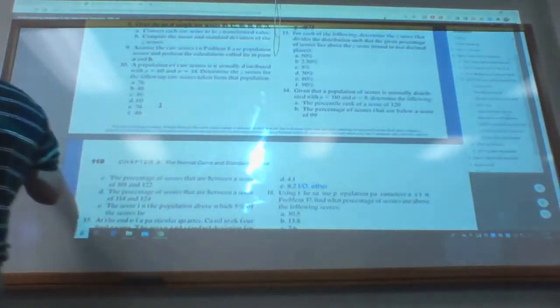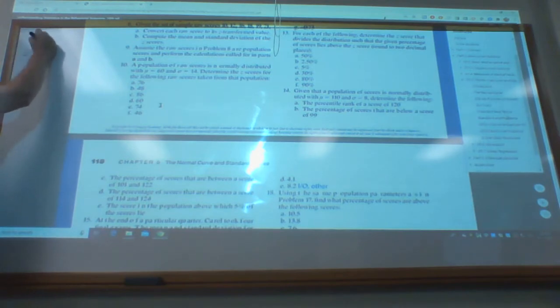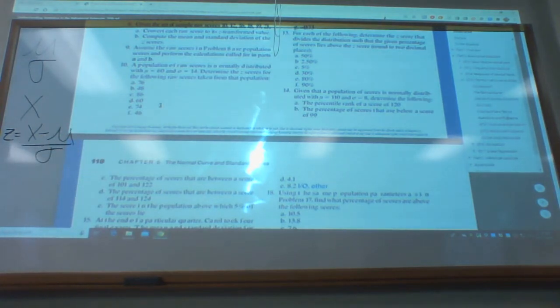You need to know that you have the mean, you have the standard deviation, and you have the raw score that you're trying to transform. The formula for turning a score into a z-score, z equals x minus mu over sigma.